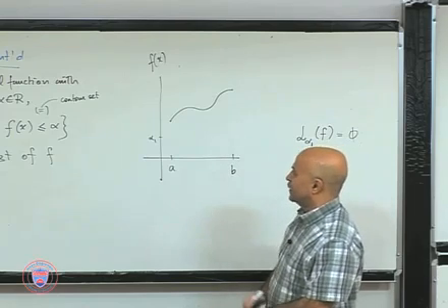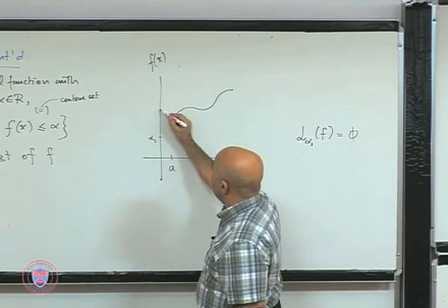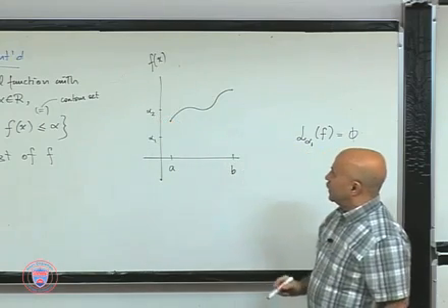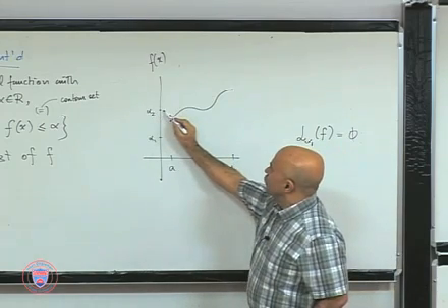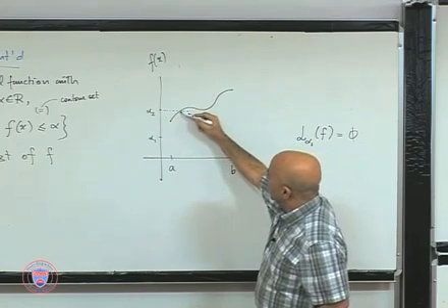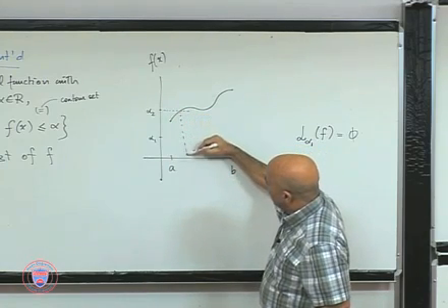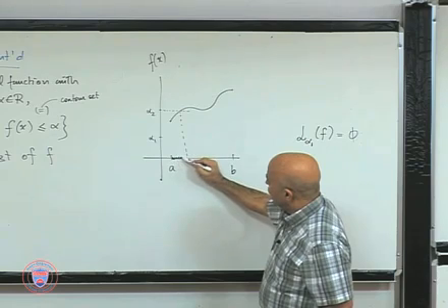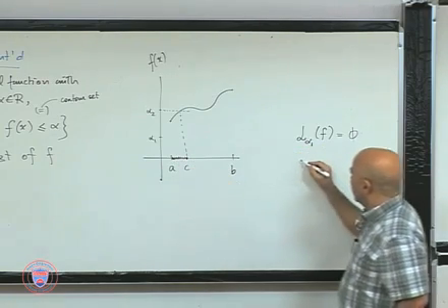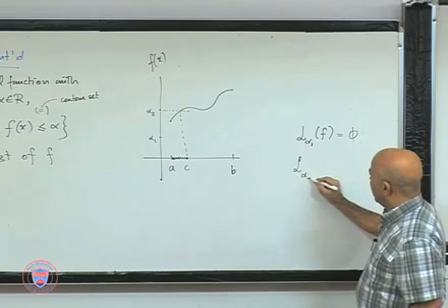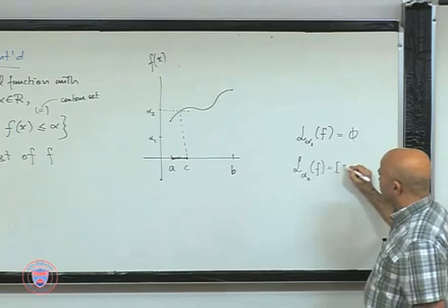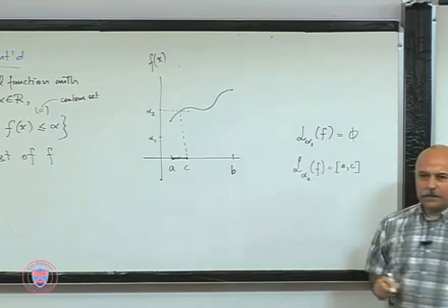Right? Okay. How about if alpha is here, alpha 2? In this case, if you look at the height here, of course it picks up only the points in here. So if I call this, for example, point C, then L of alpha 2 of the function f is actually the interval from A to C. So you get the idea.